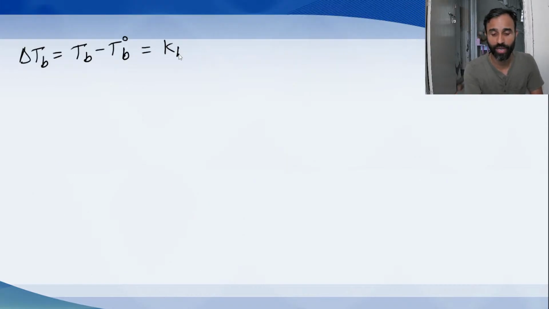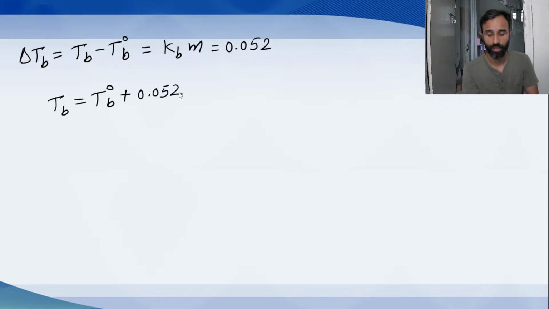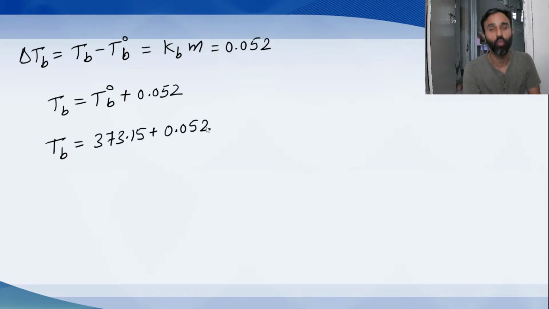So it is equal to KBM, and that is 0.052. So TB is equal to T naught B plus 0.052. So TB is equal to 373.15 plus 0.052, comes out to be 373.202.